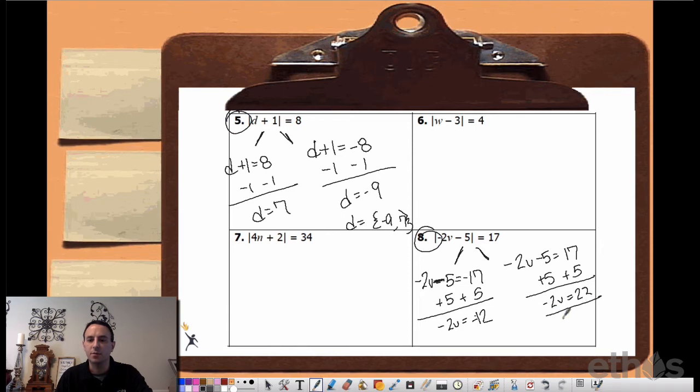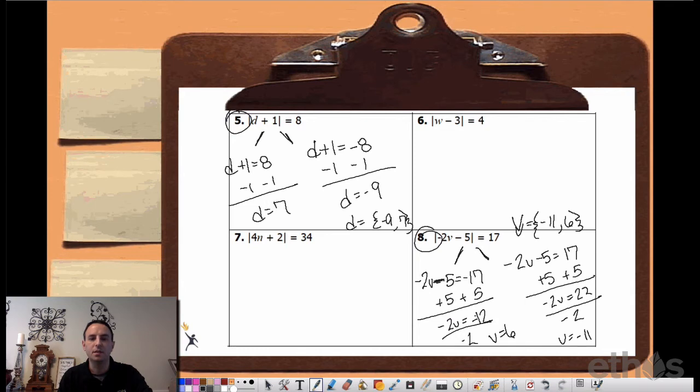Now we divide both by negative 2. So we get v is equal to 6 over here, and v is equal to negative 11, giving us an answer of v equals negative 11 and 6. And if you plug those in, you'll see those answers come out the exact same way.